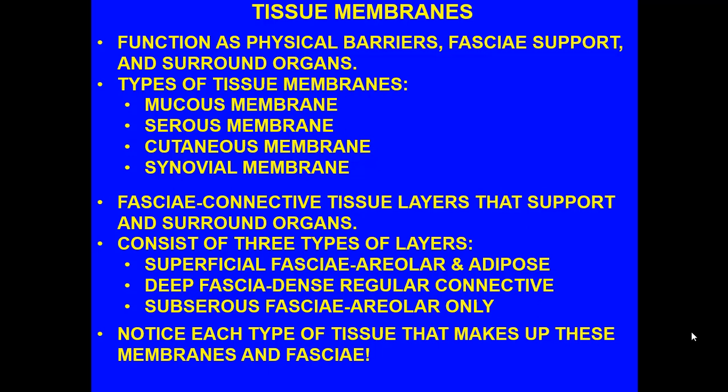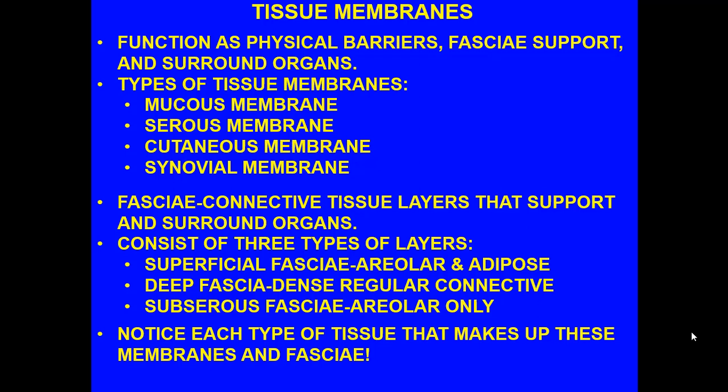Cutaneous, as I said, is a dry membrane, such as what you would see on the outside of the lungs. And then we have the synovial membrane. These are the membranes that exist in joints, synovial joints, things like that, knee, shoulder, hip.